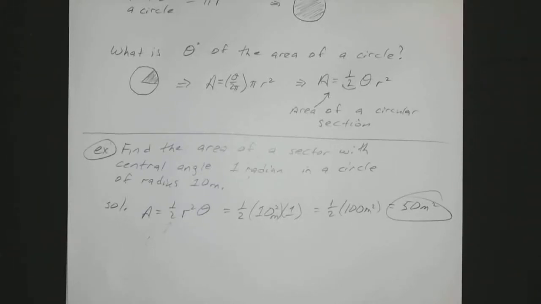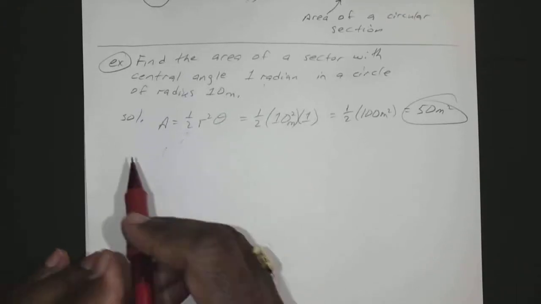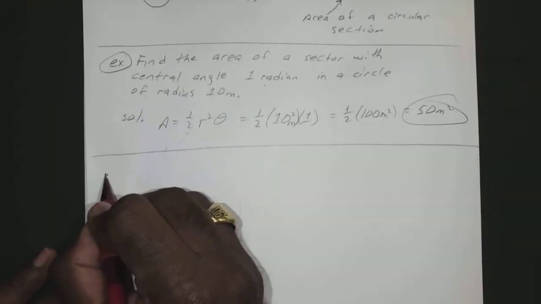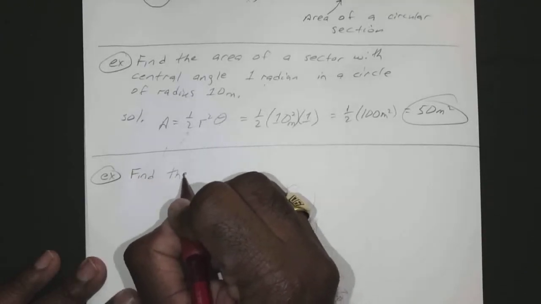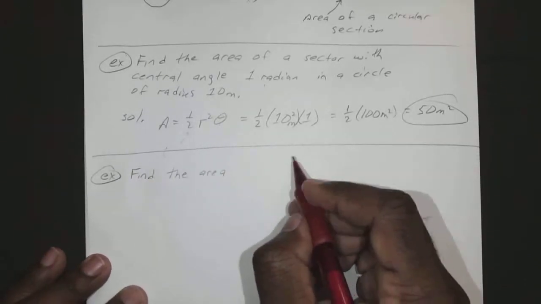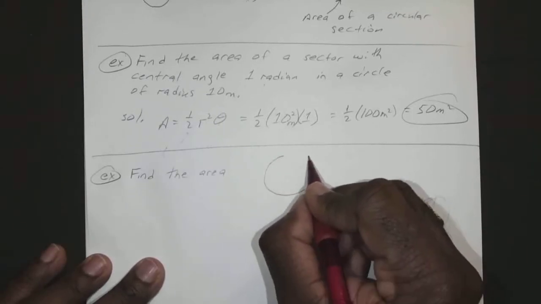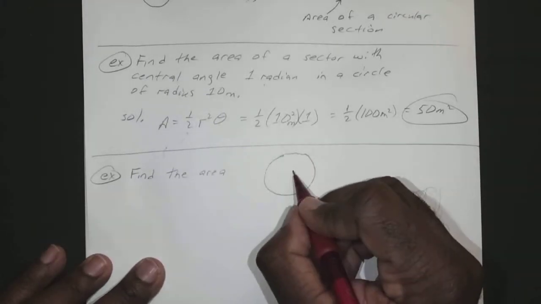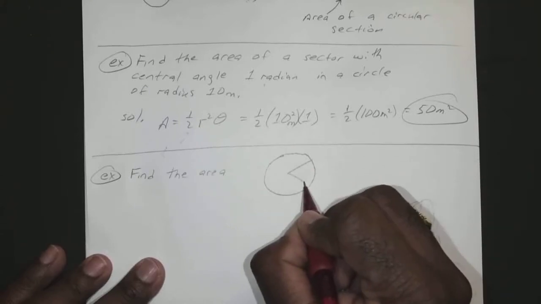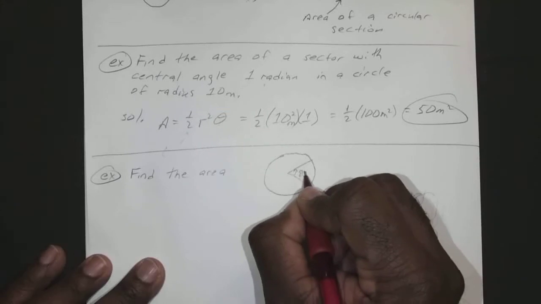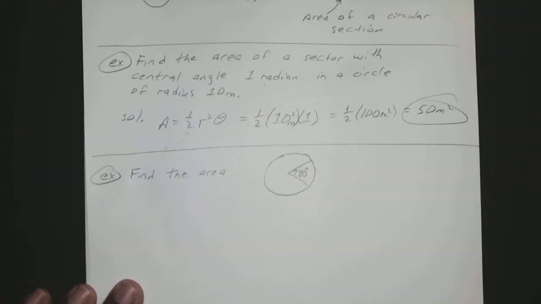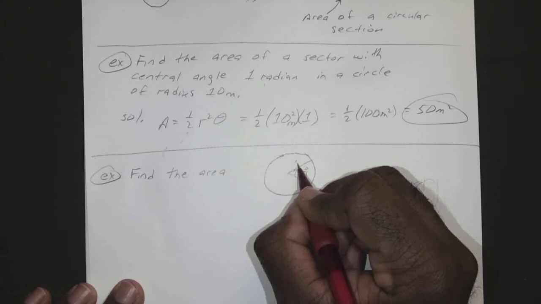Okay, so sometimes they'll actually just give you an image and have you figure it out from there. So let's say, for example, you want to find the area, and they give you a circle, and this is our theta, let's say that's 80 degrees, and our radius is 8.